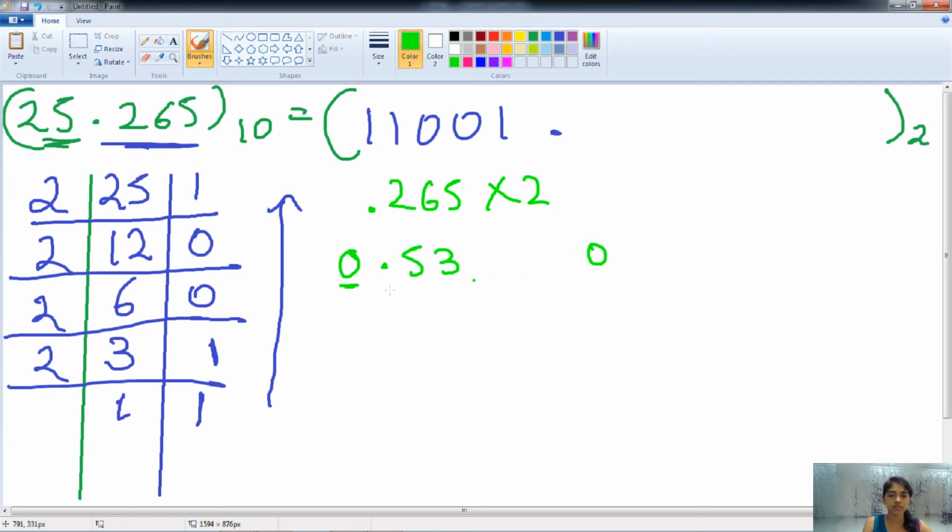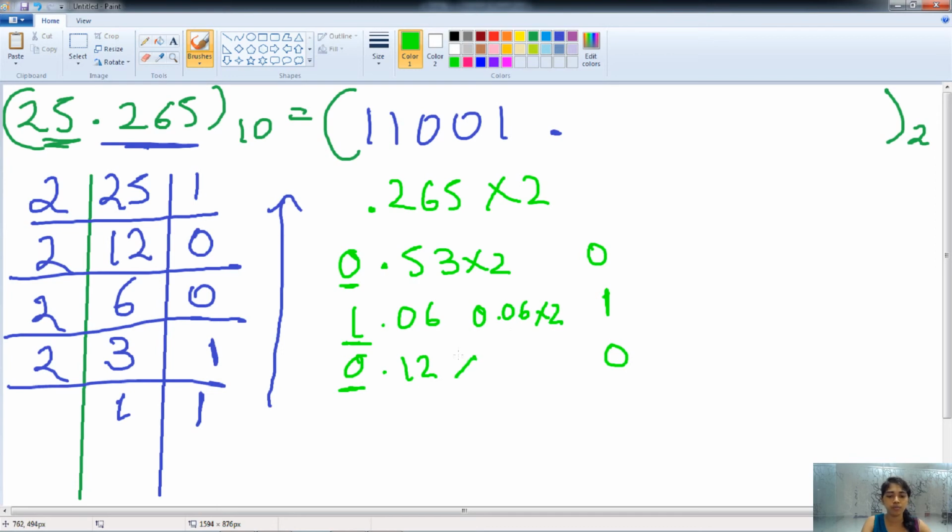So we will transfer this 0 here. Now 0.53 into 2 would give us 1.06. We will transfer this 1 here. So we have 0.06, and we will multiply this with 2, so we would get 0.12. Now transfer this 0 here.